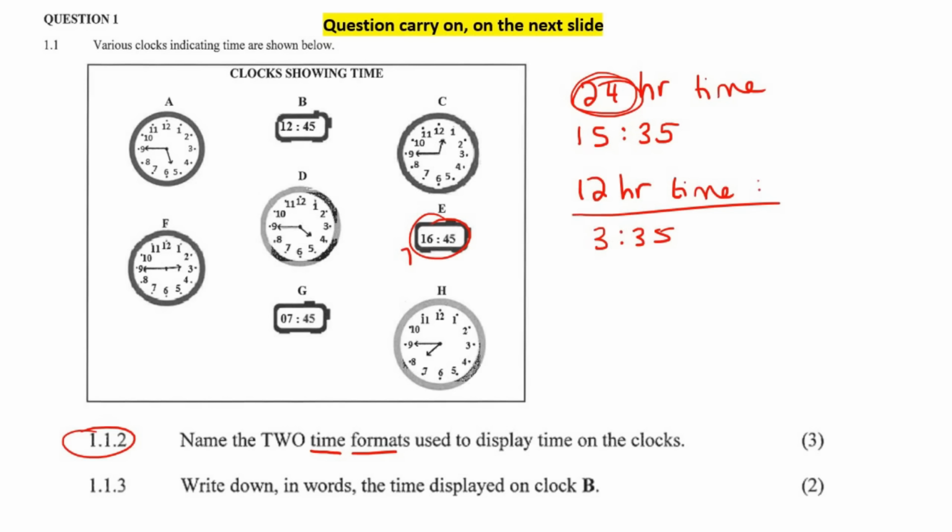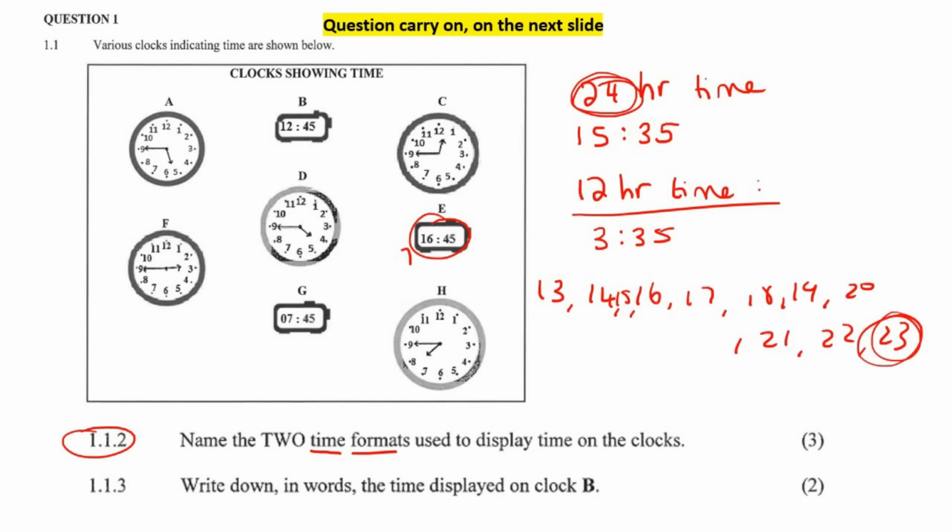So for example, 1 o'clock, 2 o'clock, 3 o'clock, 4, 5, 6, 7, 8, 9, 10, 11, 12 o'clock, and then it goes 13, 14, 15, 16, 17, 18, 19, 20, 21, 22, 23, so that's 11 o'clock at night, and then at midnight, we usually go 00.00. But you see how we're going all the way up to 23 or 24, if you want to think of it like that. So that's why we call it a 24-hour time.